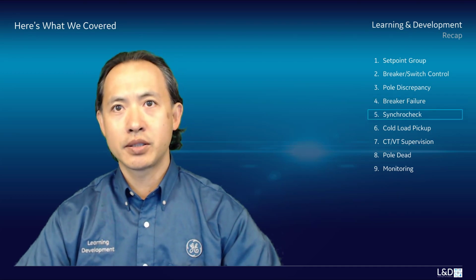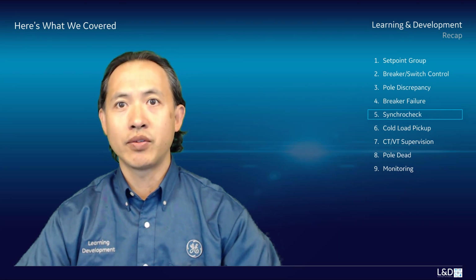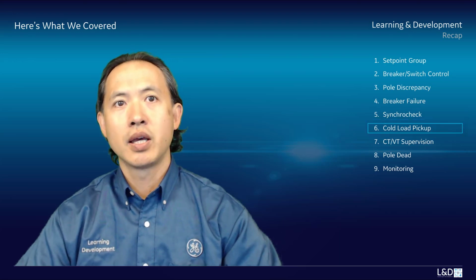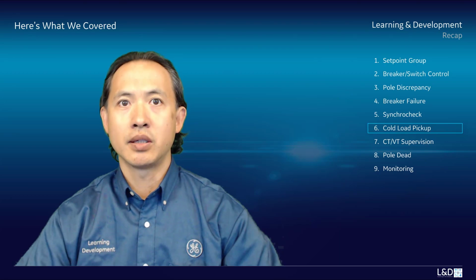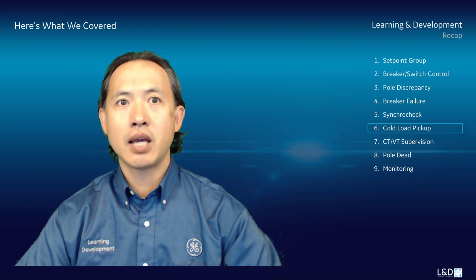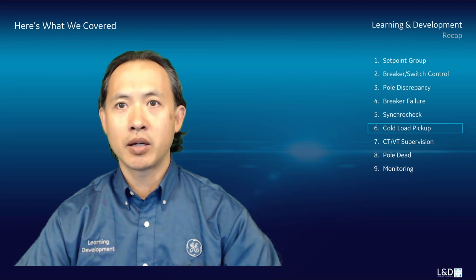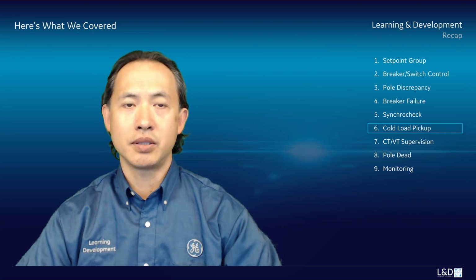In the Synchro check session, we learned the application of the Synchro check, the requirement of the VTs, and detailed settings explanations. In the cold load pickup session, we learned the T cold time delay and T CLP time delay settings, and the protection elements affected by the CLP, like blocked IOC and raised the pickup level of the TOC.